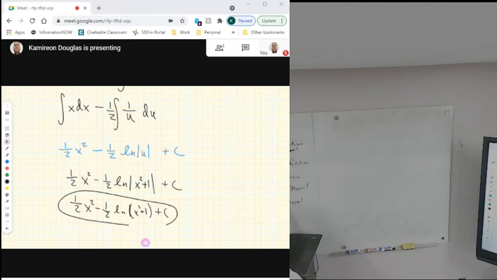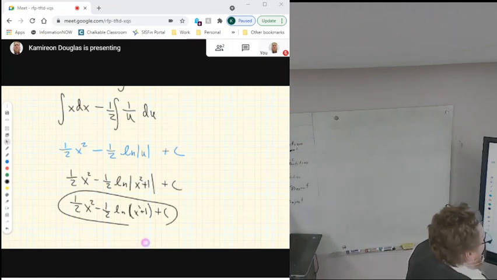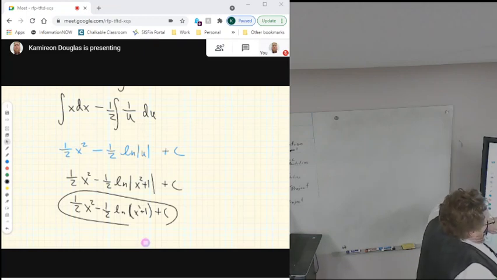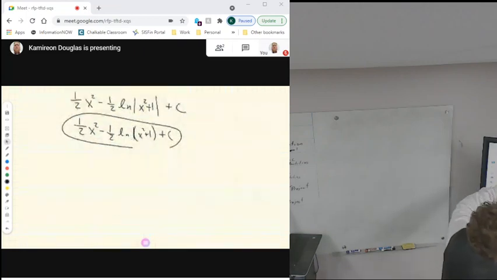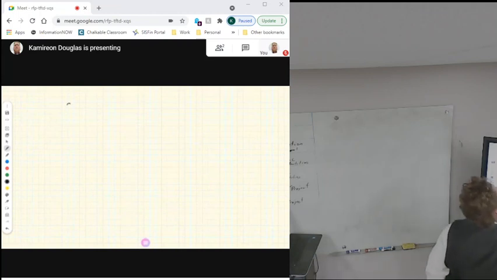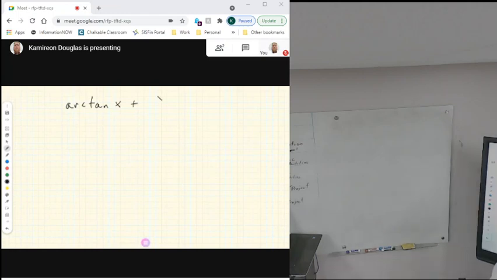On 6156, yeah, it's the derivative. There's arctan of x, and then plus x over 1 plus x squared, which is the quotient. Let me see what the problem is again. Arctan of x plus x over 1 plus x squared.